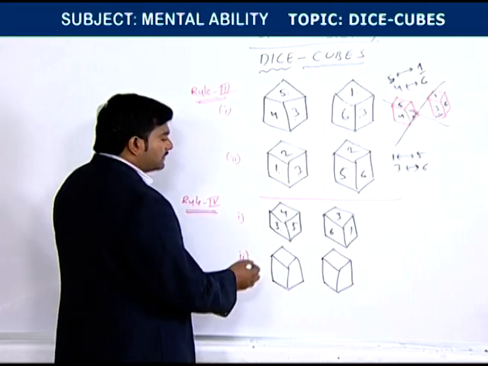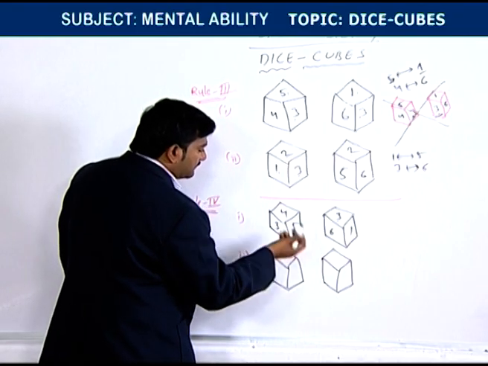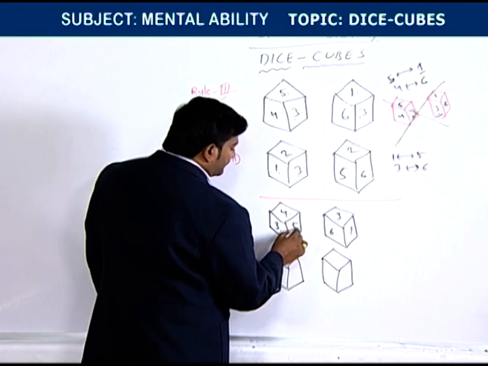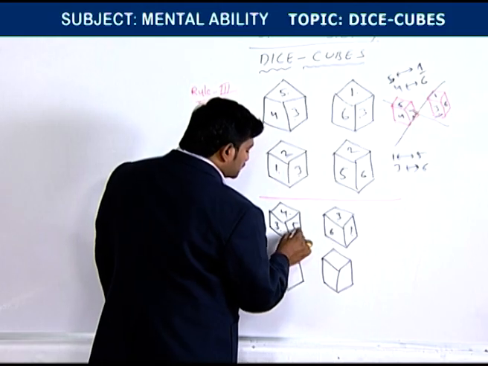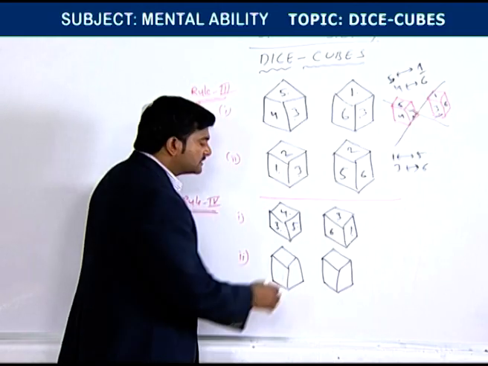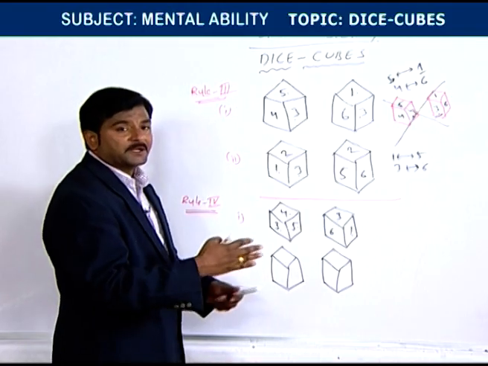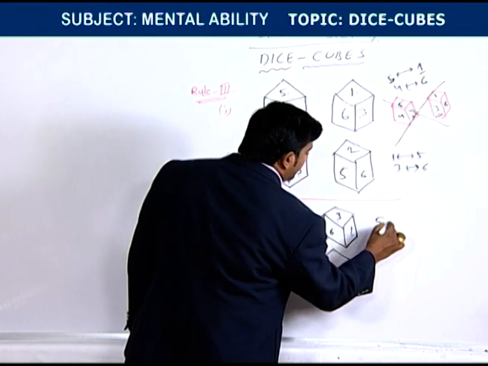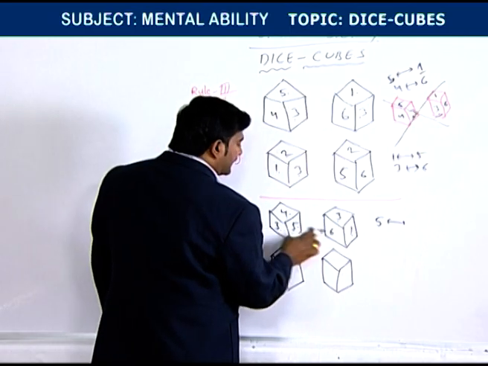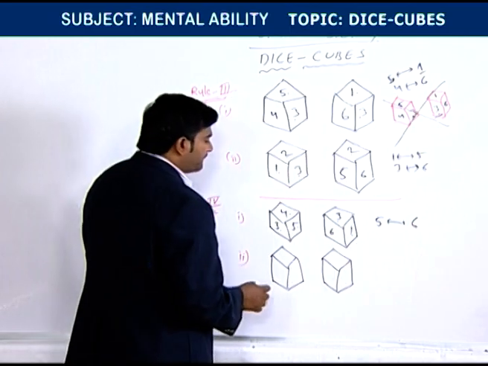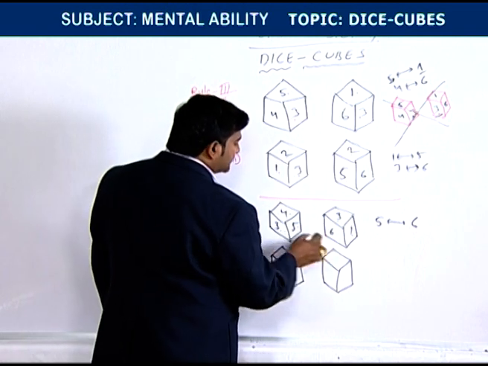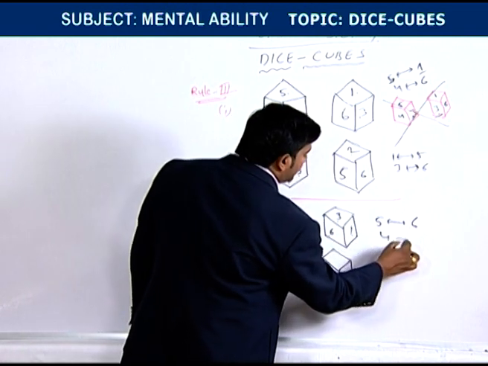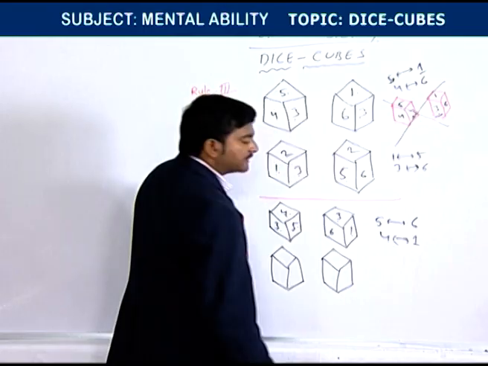So here 4 is there, here 5 is there, 5 and 1. You should not say that 5 is opposite to 1, because 5 and 1 are on corresponding faces. Instead we can say 5 and 6 are opposite to each other, and the remaining numbers, 4 and 1, we can say.